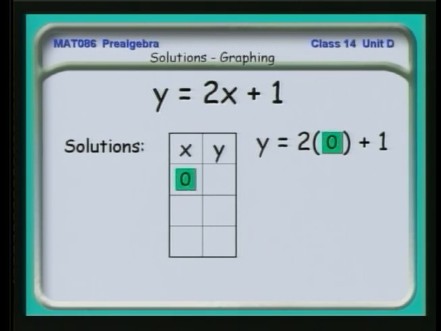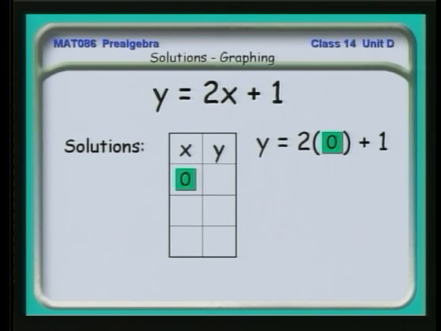Let's try this. I'm going to solve for the case where x equals 0. The reason I picked 0 as opposed to 357 is I try to think ahead when I do this and look for things that will give me simple solutions.